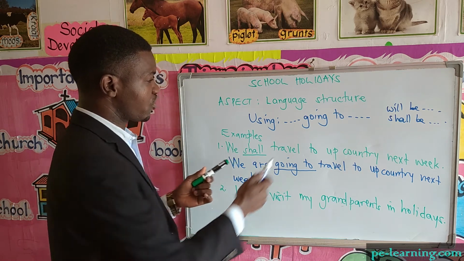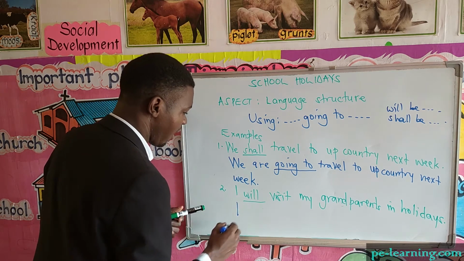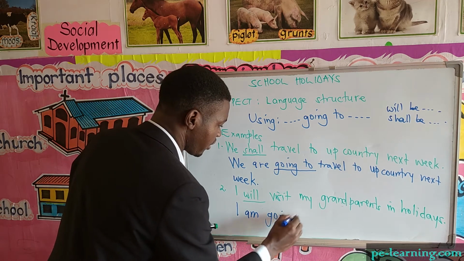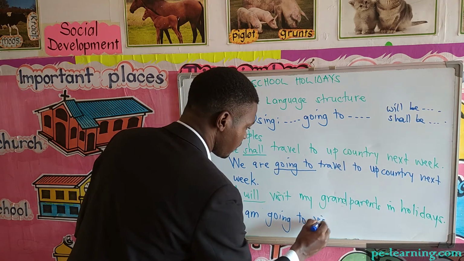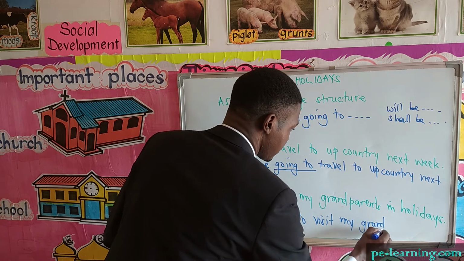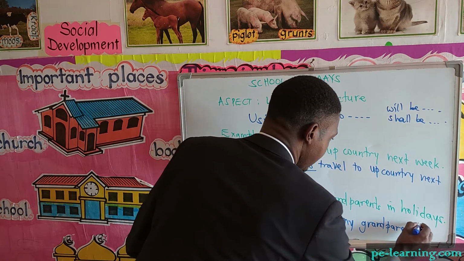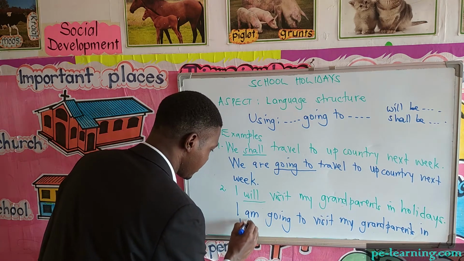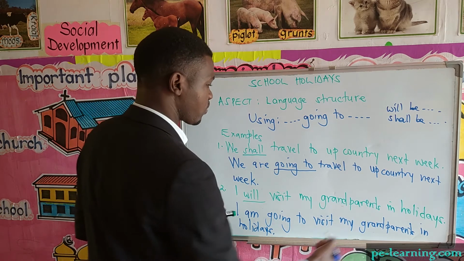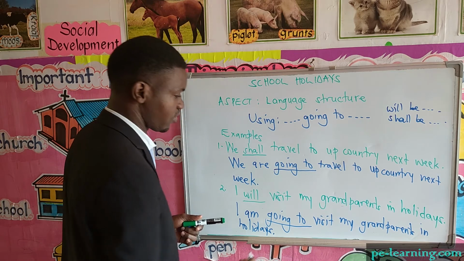We change and use our structure which is going to. So here I will say, I am going to visit my grandparents in holidays. I am going to visit my grandparents in holidays. And the structure that we are using is going to.